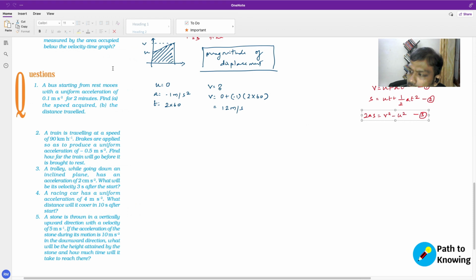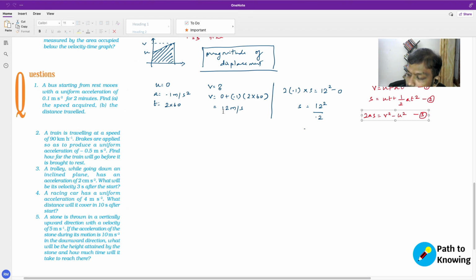So let's calculate 2as. 2 times your acceleration, which is 0.1, times s is equal to v square minus u square. We know that v is 12, so it is going to be 12 square minus u, which is 0. So s is equal to 12 square by 0.2.